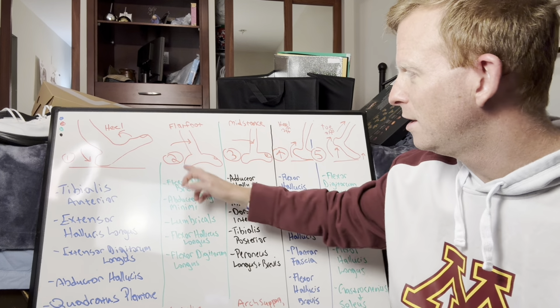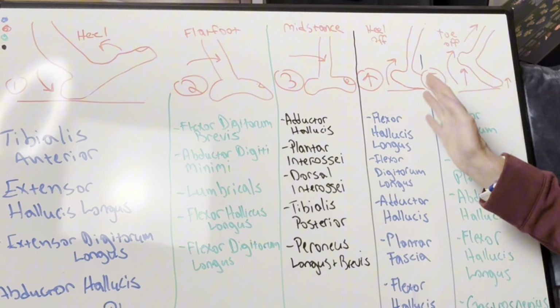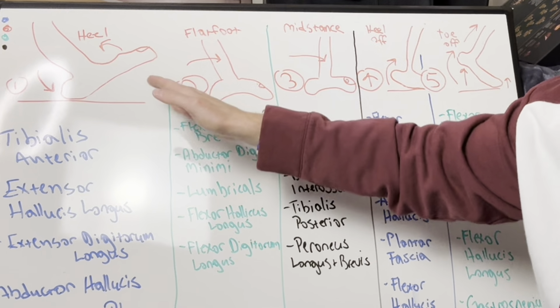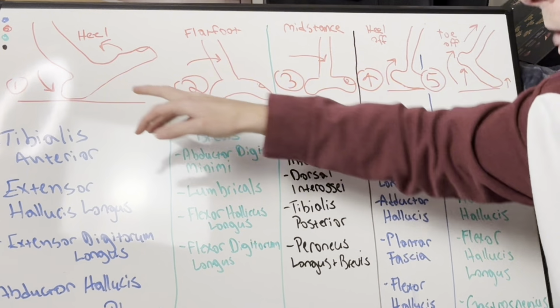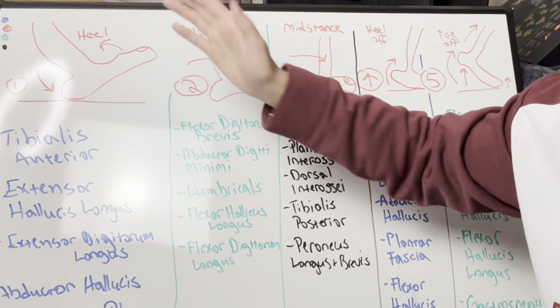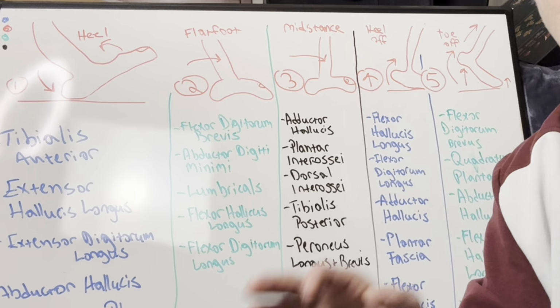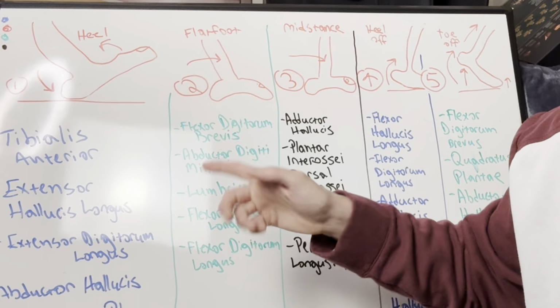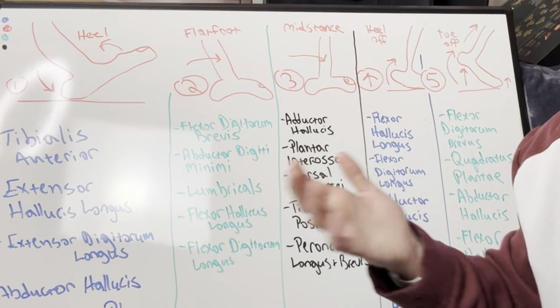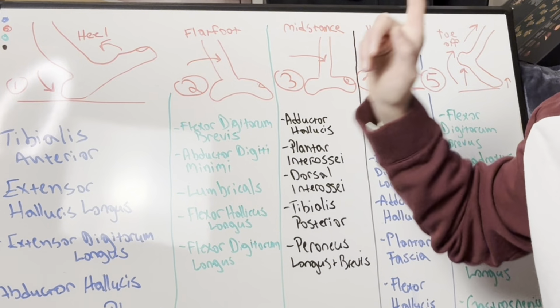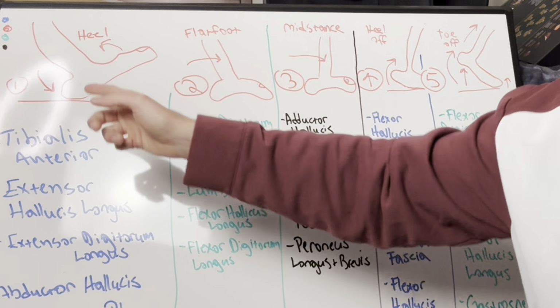Basically, these are the five categories of the gait cycle as it pertains to running. You can picture this: mid-foot strike, forefoot strike, heel strike. But for this, most texts that I saw talk about a heel strike first. So it's going to go from the heel strike, cycle through, back to the heel strike.